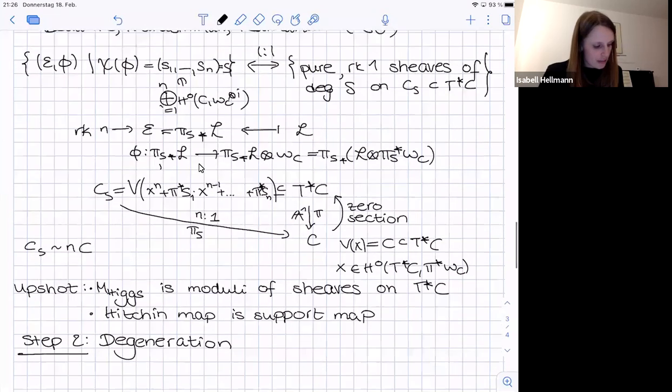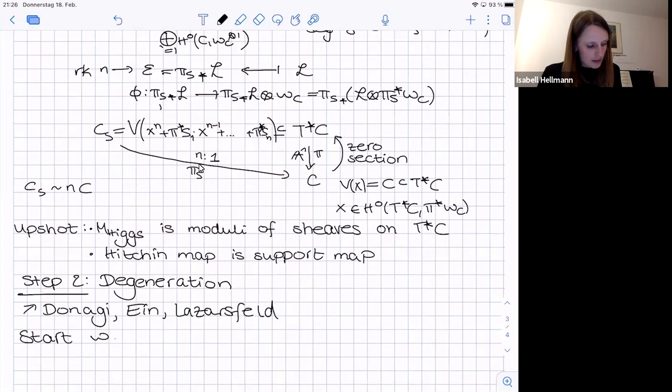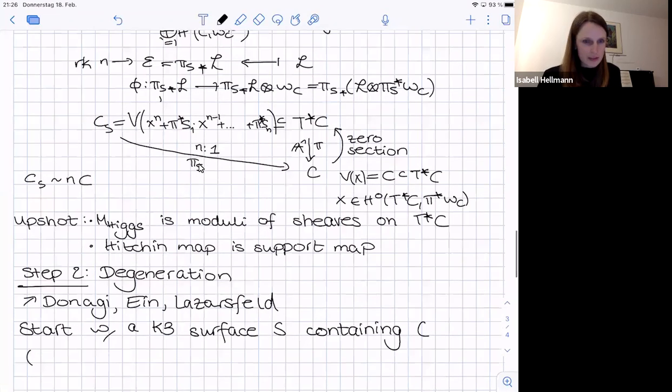So this was done by Donagi, Ein, and Lazarsfeld in the late 90s. So now what you do is you start with the K3 surface S containing curve C. So this is now our situation. And again, I want to take that the class of these curves defines the polarization.